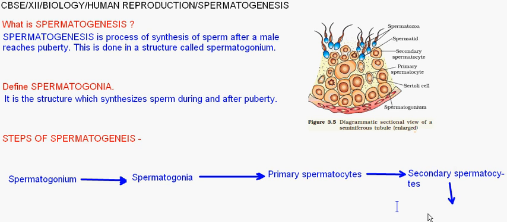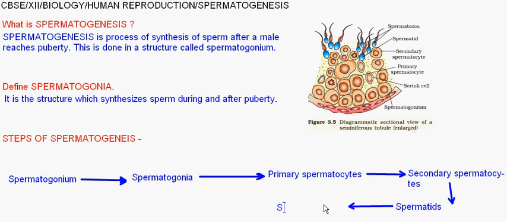Then the spermatid develops into spermatozoa. So these are the structures.